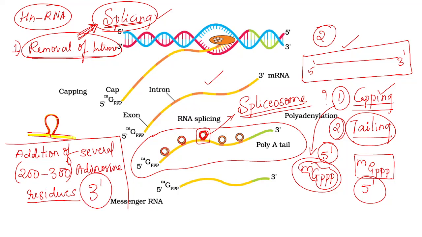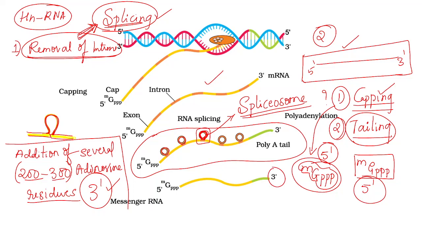The process of addition of several adenosine residues to the 3' end of the mRNA is the addition of a polyadenylate tail.